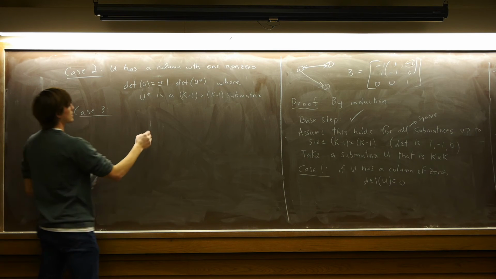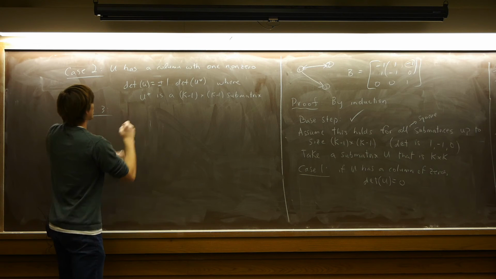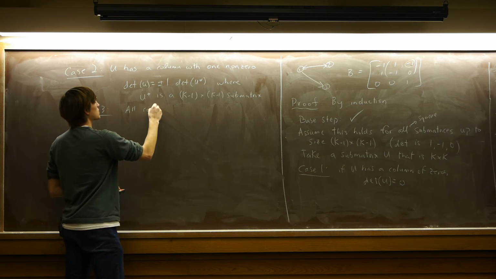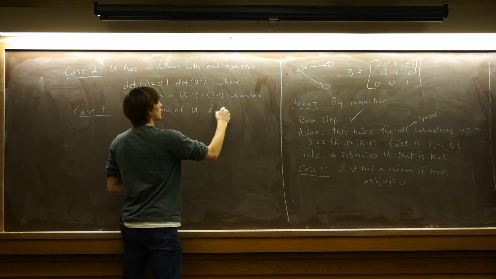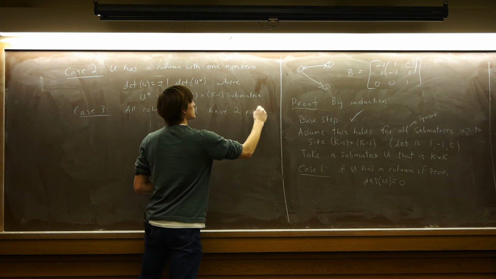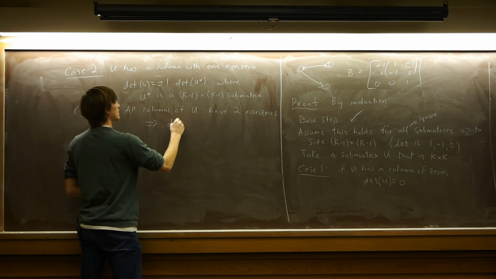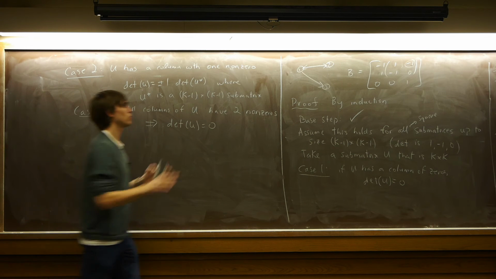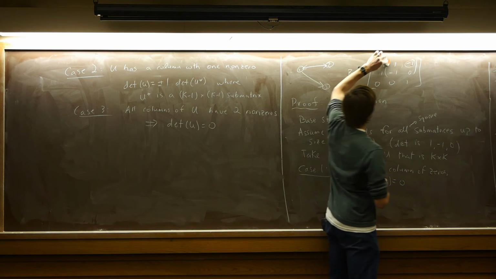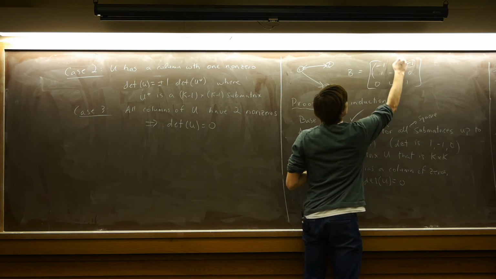And in the last case, let's write it this way. All columns of U have 2 non-zero entries. And in this case, the determinant has to be equal to 0. Why is that true? Well, let's first just look at our illustration here, and we'll reason through why it's true for any old situation we might find ourselves in.